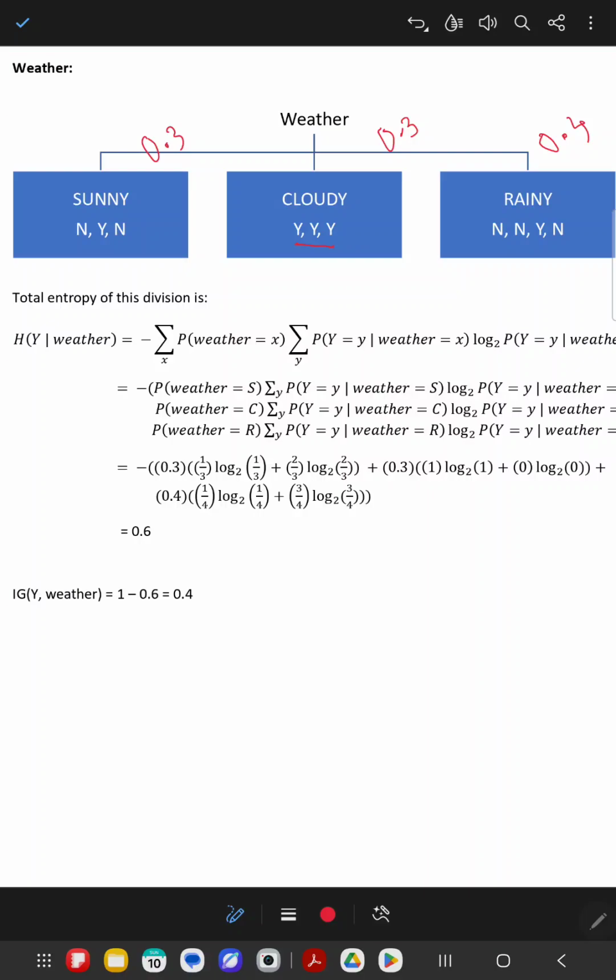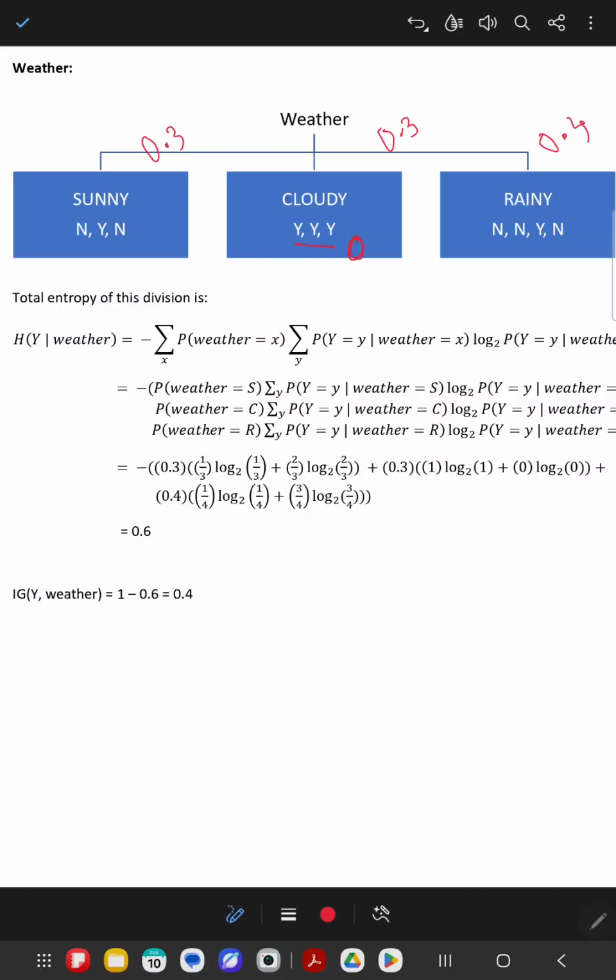Basically there is no chaos, so therefore the entropy will be 0 over here. In case of rainy, you can see that there is one yes and remaining are no, so the probability of yes will be 1 by 4, probability of no will be 3 by 4. Entropy will be 1 by 4 log to the base 2 1 by 4 plus 3 by 4 log to the base 2 3 by 4. Okay, and they will be multiplied by the respective weights, and the value you will get is 0.6.